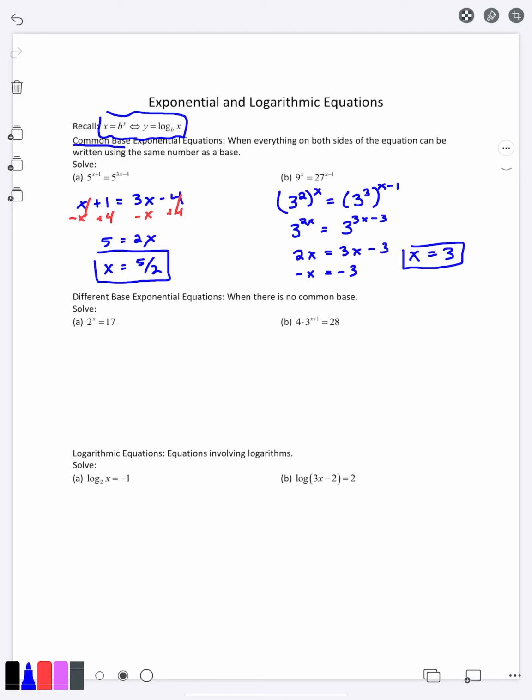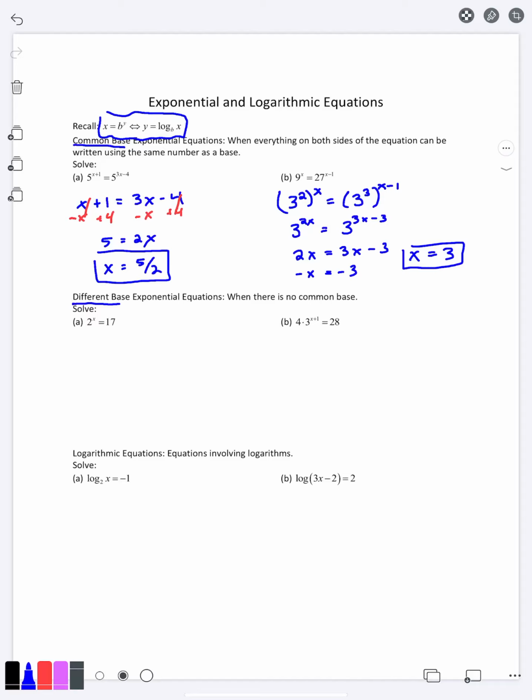For the next one, we have what I call different base exponential equations. The first one here, we have 2 to the x equals 17. Well, guess what? 2 and 17, there's no way to make them have the same base. Whenever we have a different base exponential equation, we will need logarithms.